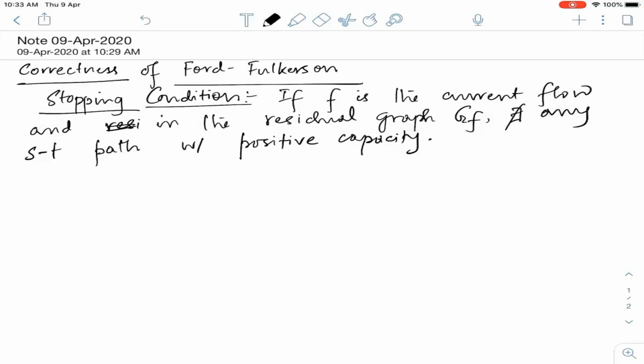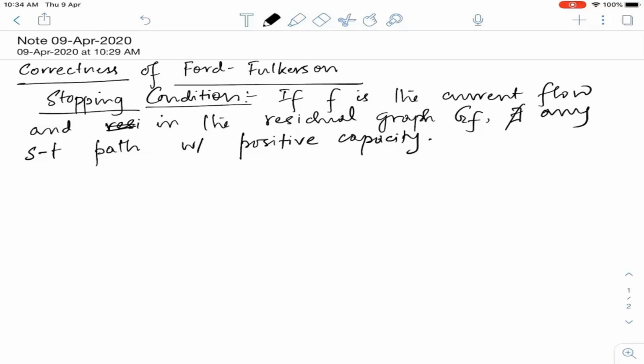So any partition like this, we will say that this is an ST cut. And what is the capacity of an ST cut? Well, the capacity of a cut is the sum of the capacities of edges that are going from the A side to the B side. Note that we are not using any other edges while counting the capacity of a cut.